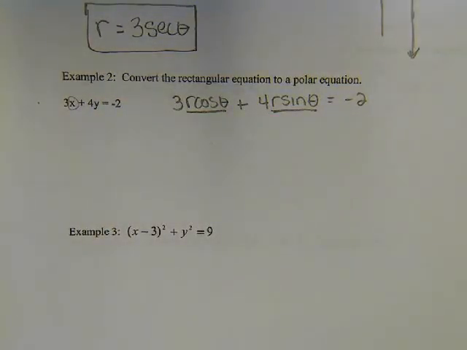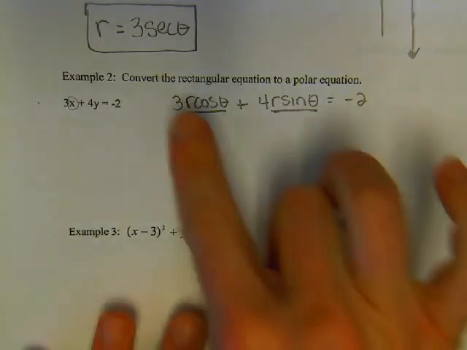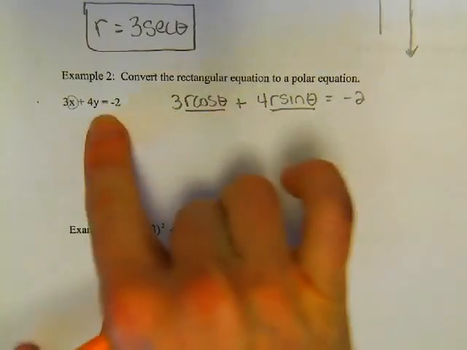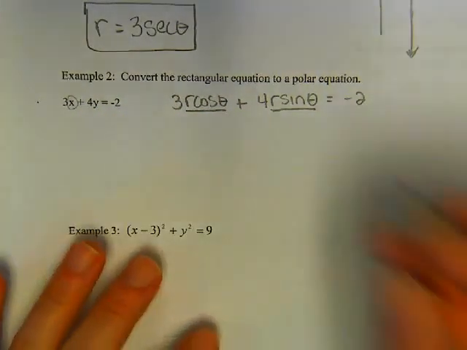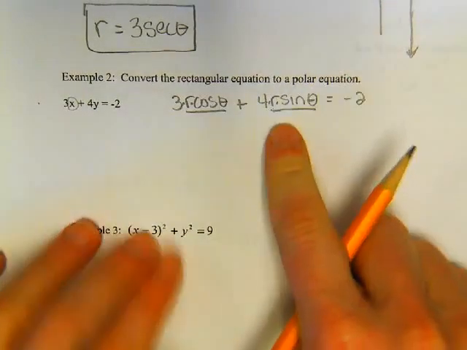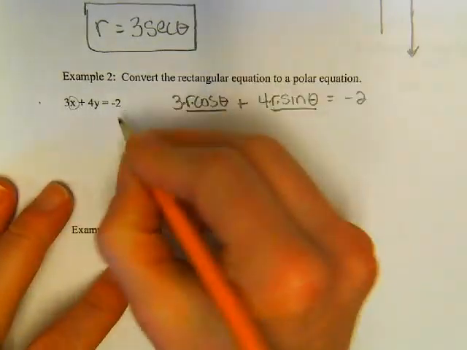All right, so now we want to get r alone, but I have two things with r in them. Can I factor the common factor of r out? Because this is all multiplication. Don't they have a common factor of r? All right, let's pull it out to the front.